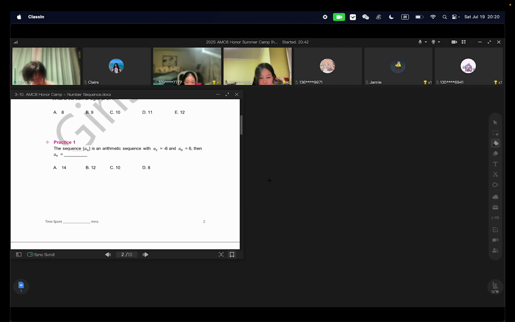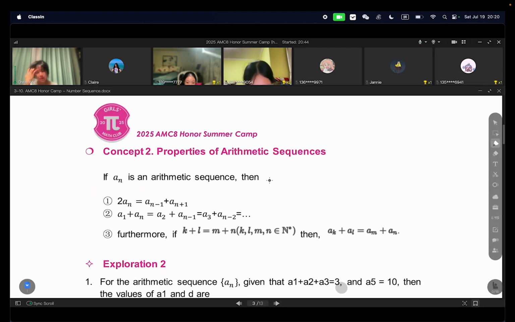Next we have our second concept, which is properties of arithmetic sequences. Let's say an is an arithmetic sequence, then we have 2an, which is going to be 2 of a specific term. It's going to be the previous term plus the term after.